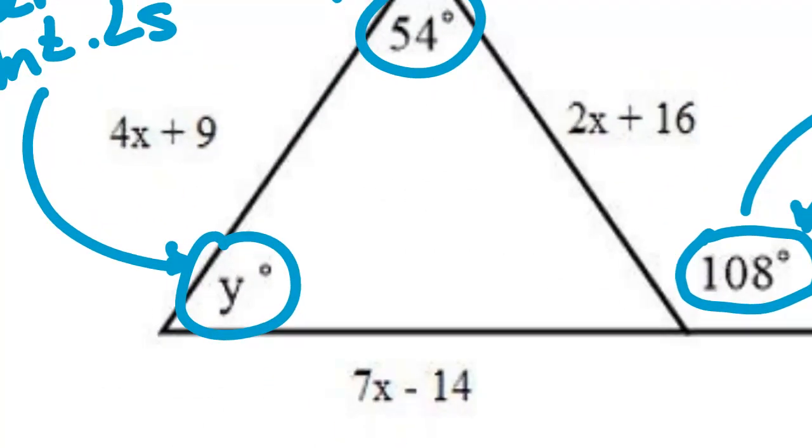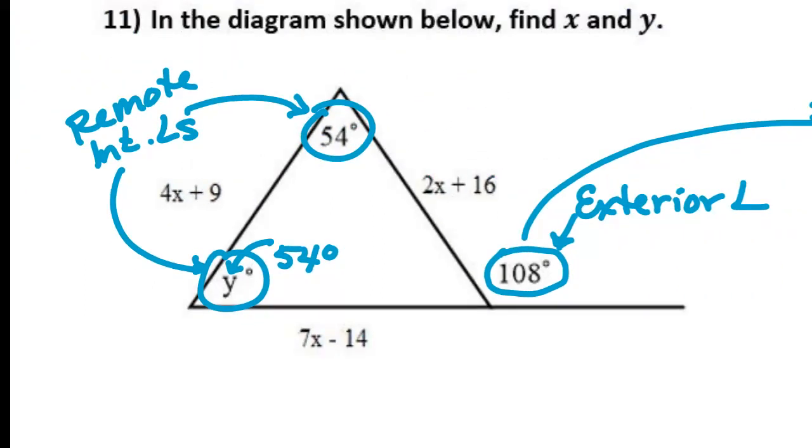I'm going to include this on my picture now. I know that this is 54 degrees, which means this is what kind of triangle? What kind of triangle does this have to be? Isosceles triangle.